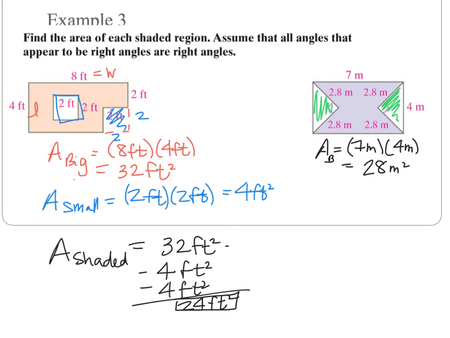These are essentially two triangles that make up a square, and I know that they're square because they have these lengths of 2.8. So I'm going to assume that that's a square with a side of 2.8 and 2.8. So now when I find the area of my small, I have 2.8 meters times 2.8 meters.